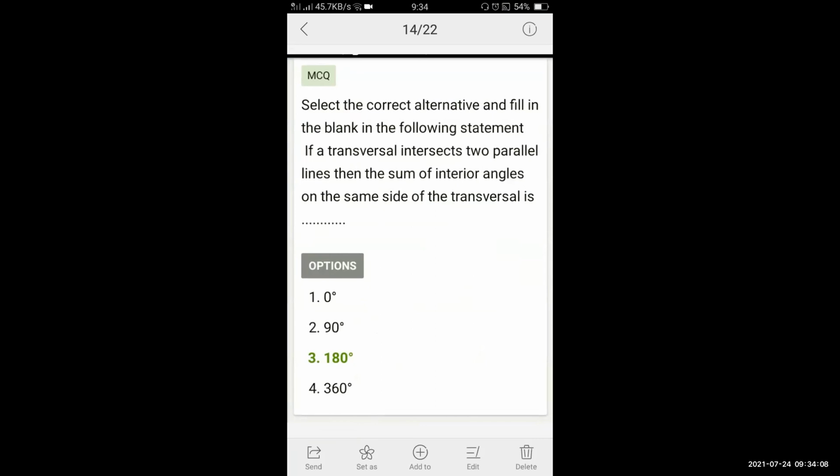In the first sum, all are MCQs. 5 MCQs are given here, and we have to choose the correct option out of the given 4 options. So here is the first multiple choice question from problem set 2.